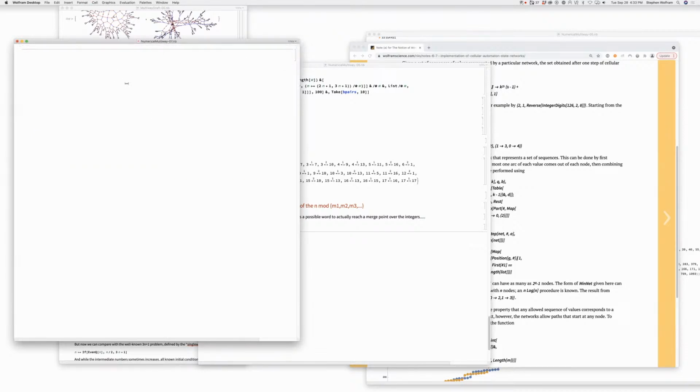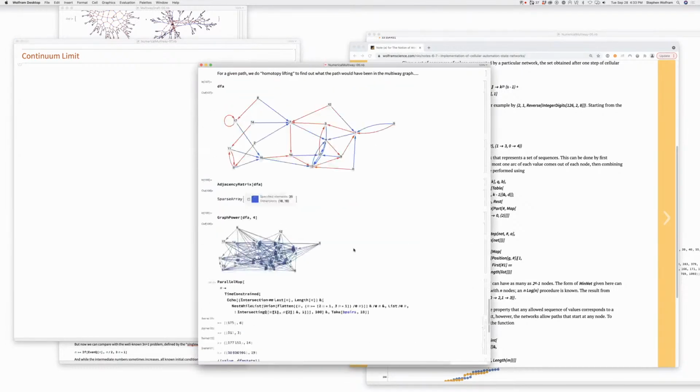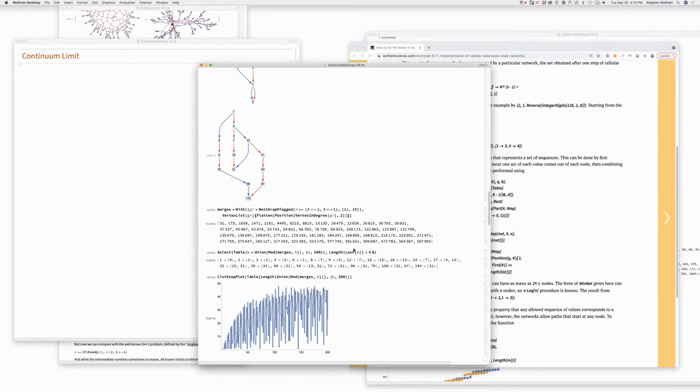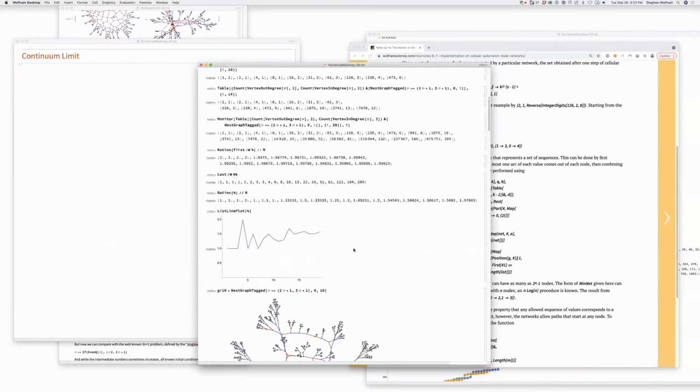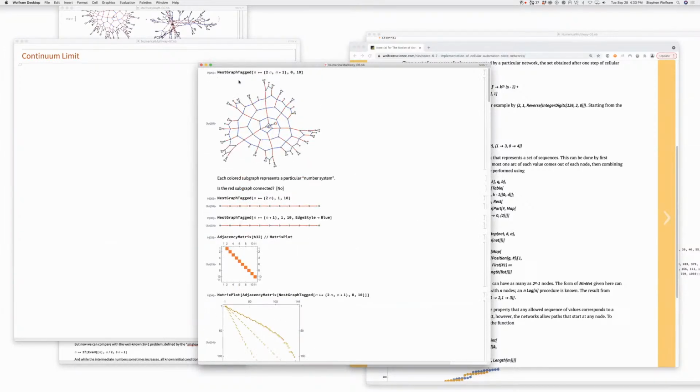So, all right. So we have a multi-way graph. For example, let's pick our favorite random multi-way graph. Let's say this guy here. Question is, what is the continuum limit of this? In other words, what would a continuum limit be?